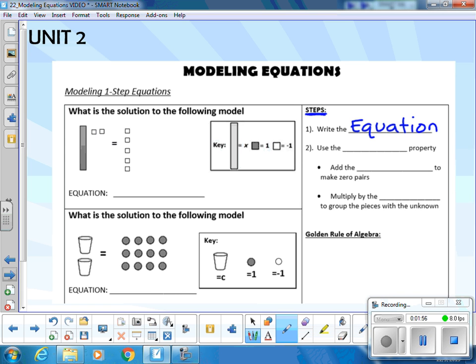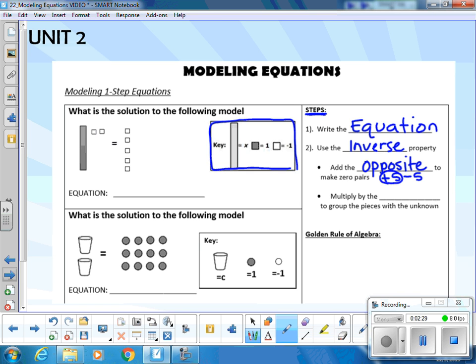So we're going to look at the picture. We're going to use the key that's here, and we're going to identify what is the equation that we have to solve. Then when we want to solve it, we're going to use the inverse property. Remember, that means upside down and inside out. That's what inverse is all about. That means that we add the opposite. So that's +5, -5.